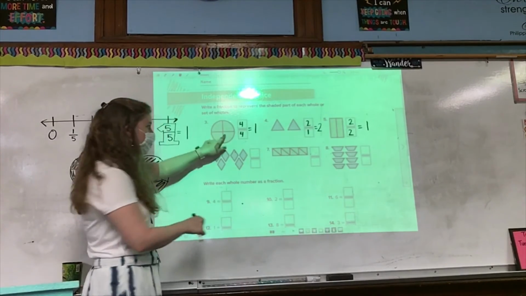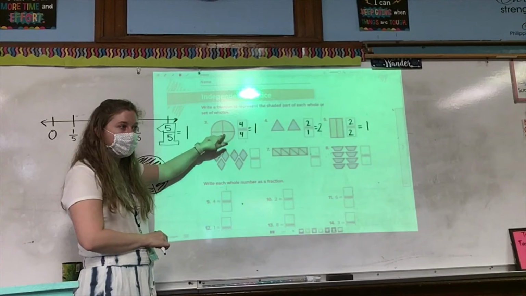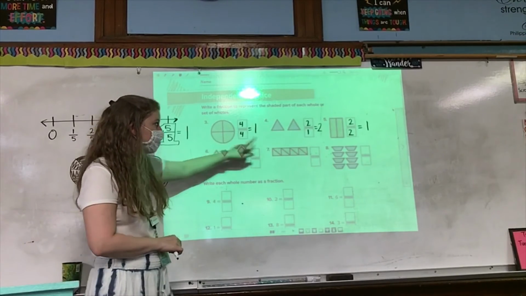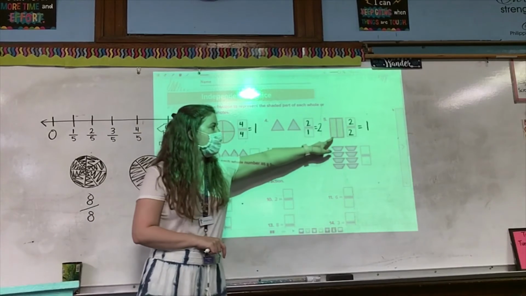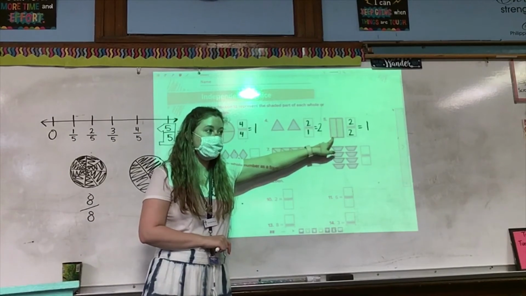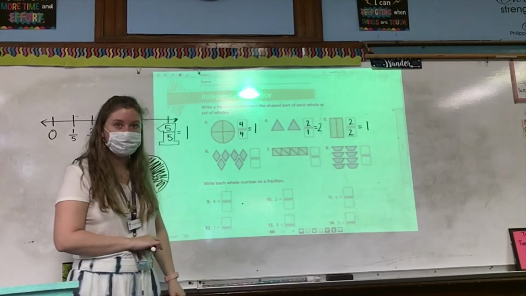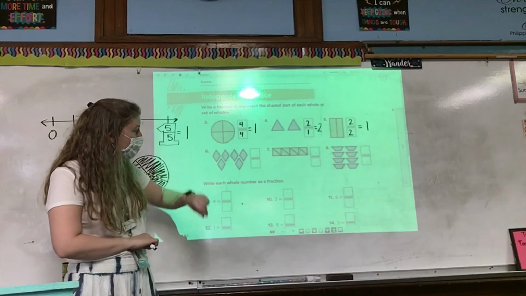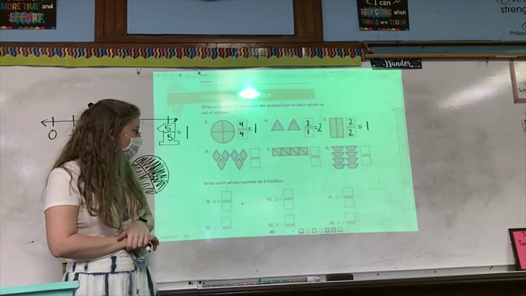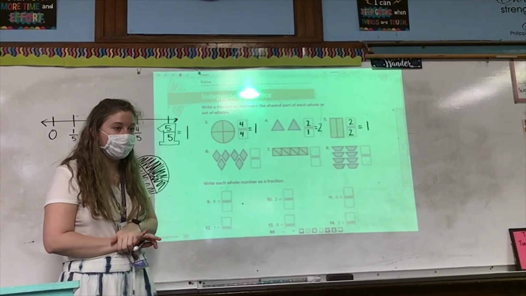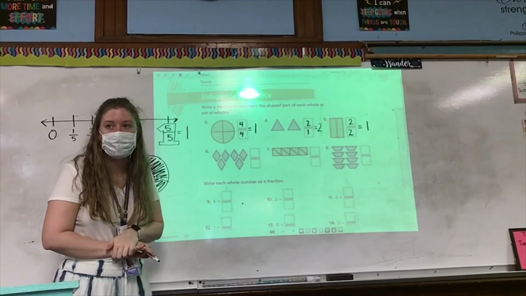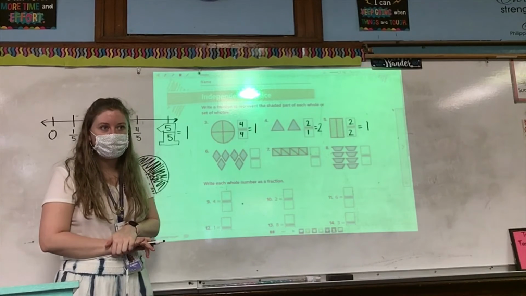Notice the difference. Is there any space between these pieces? No. Is there any space between these pieces? Yes. Is there any space between these pieces? No. So do you see the difference? Now, I'm going to give you about a minute to do number 6, 7, and 8. Pay attention. Does it look more like number 1 on the guided practice or number 2 on the guided practice?